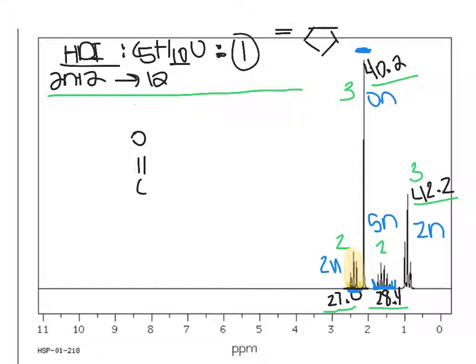And we know that the oxygen is actually going to de-shield these protons over here, these CH2 protons. So we know that they're probably going to be right around here.